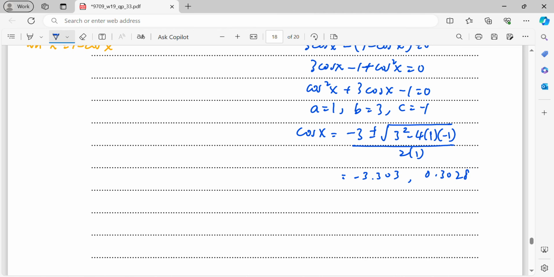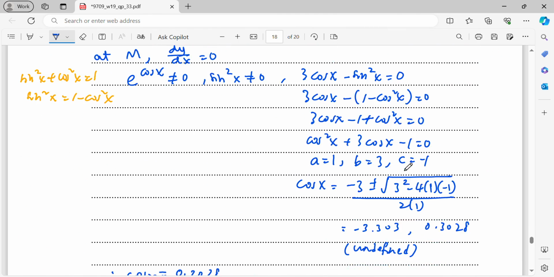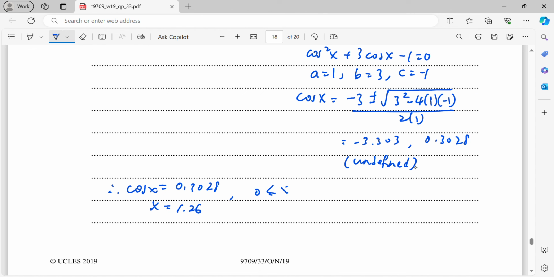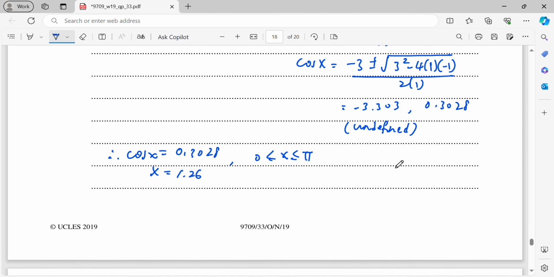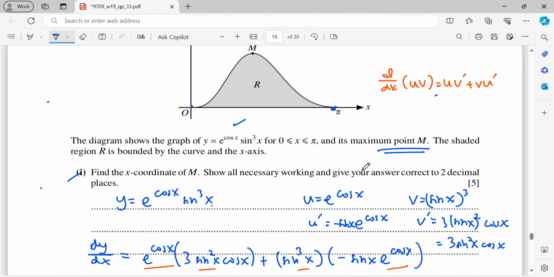But we know that cos x cannot be less than negative 1, the minimum is negative 1. So that means my cos x is 0.3028. Therefore, my x is going to be 1.26, because your x is between 0 and pi, that means it will be just the first quadrant, otherwise your cos x would be a negative value. So that is your x value done for the x-coordinate of M.